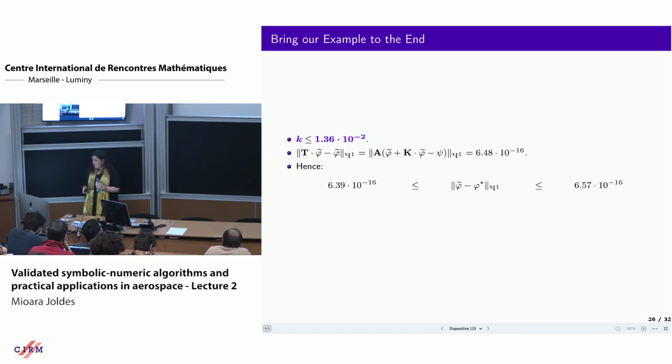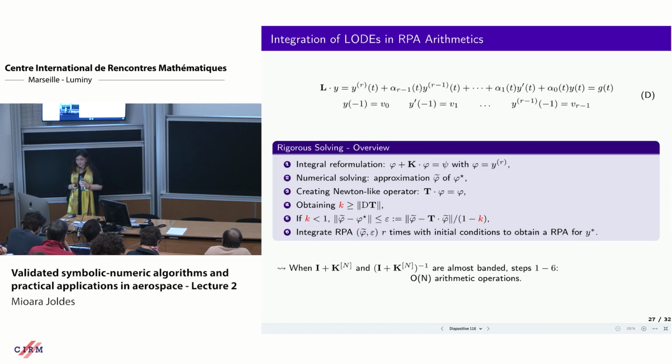Okay, so this is the whole procedure in principle for linear differential equations. We use this integral reformulation, then we use our favorite numerical method, and then we create this kind of almost bounded operator and bound the different truncation and approximation errors.